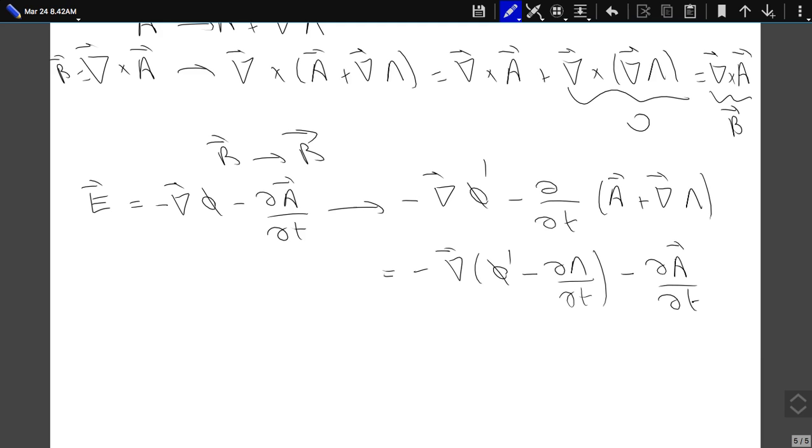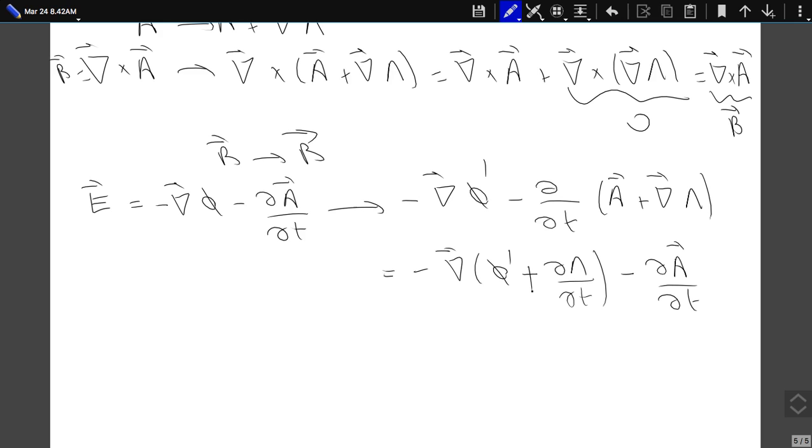So what I did was, okay, here I have minus the gradient of phi prime, but now I have minus the time derivative of the gradient of lambda. So it has a minus sign, so it's minus the gradient of the time derivative of lambda. This term was already over there.